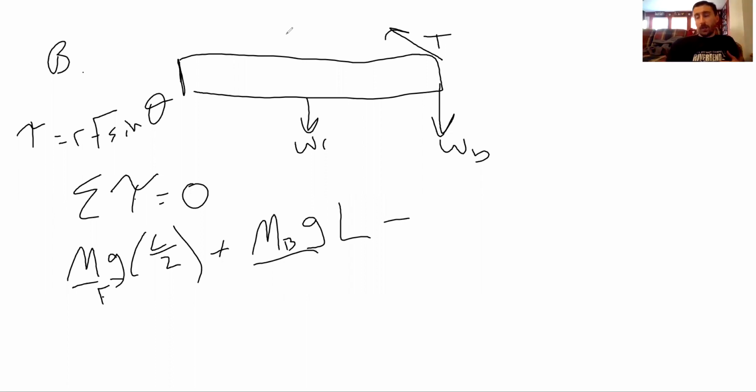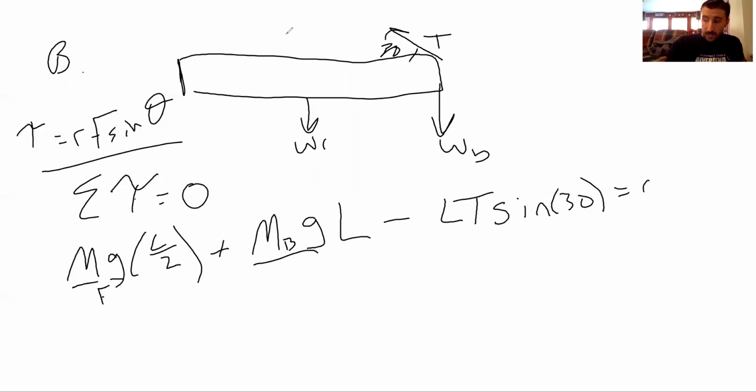We'll make that negative. It honestly doesn't matter. I actually think on my work I did it opposite. So remember, we want the force, and this is at 30 degrees. So when I plug in with this, my radius is going to be L, my force is going to be T, so it's L T sine 30. All that has to equal 0.